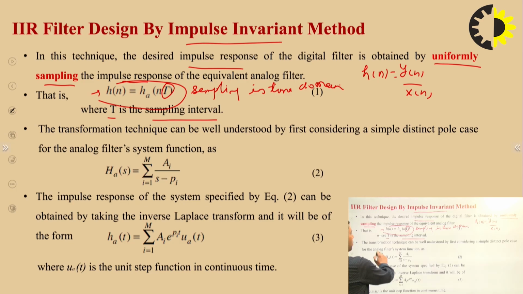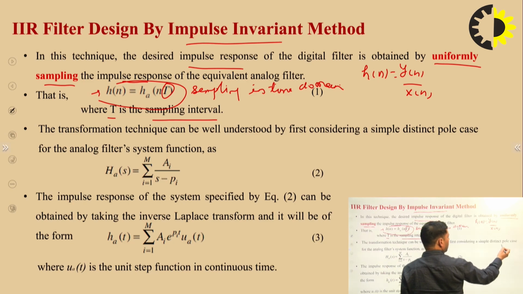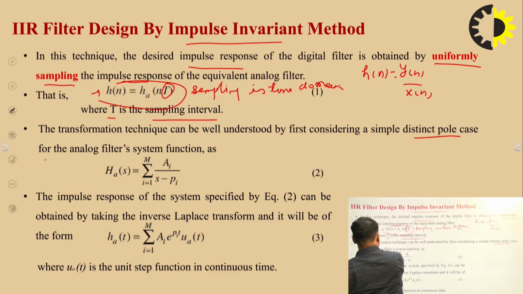The transformation technique can be well understood by first considering a simple distinct pole case for the analog filter system function, which is given as H A of s equals summation of i equals 1 to m, A i upon s minus p i.